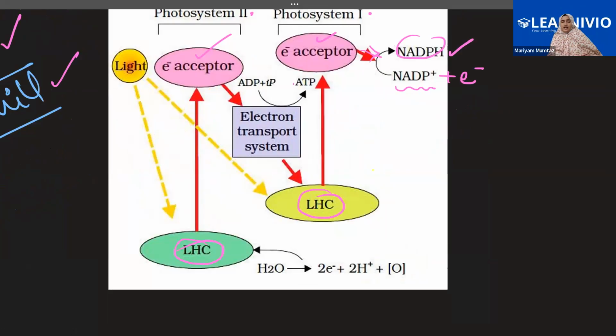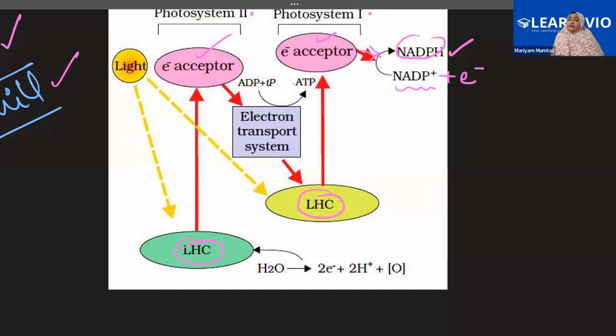Whenever the light is coming from the sun, it falls on the light harvesting complex. Light harvesting complex of photosystem 2 has what kind of nanometer light? 680 nanometer. So once the light falls on the light harvesting complex, the 680 nanometer light gets absorbed by the molecule and the electrons get excited and jump.